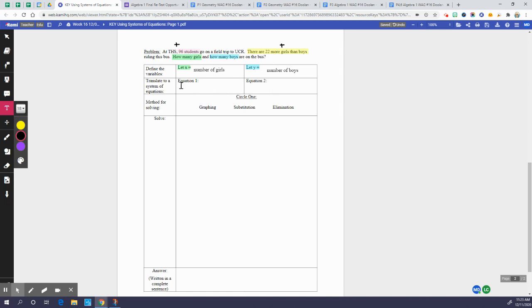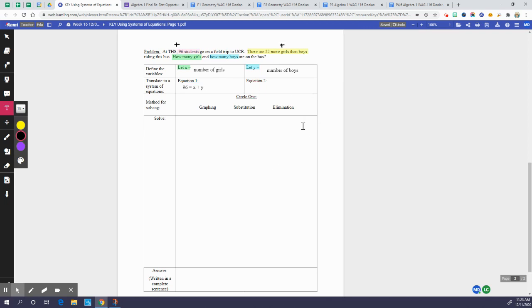So we're going to have two equations. The first equation is going to come from the first sentence. At THS, 96 students go on a field trip to UCR. And so I know that 96 students is the total number of students. So if I add all the girls and I add all the boys, I get 96. x plus y.